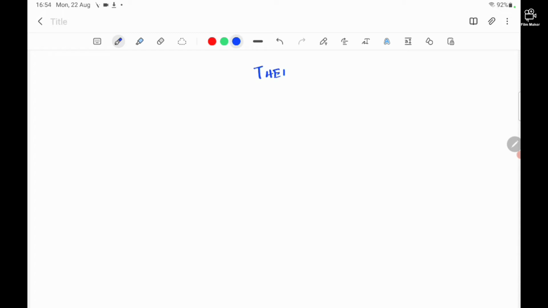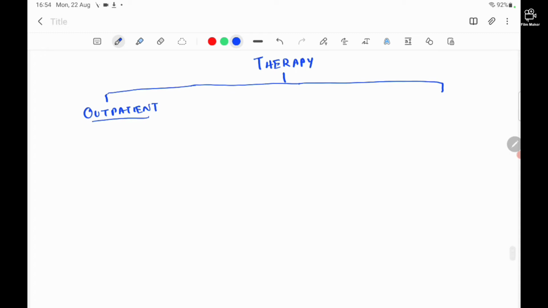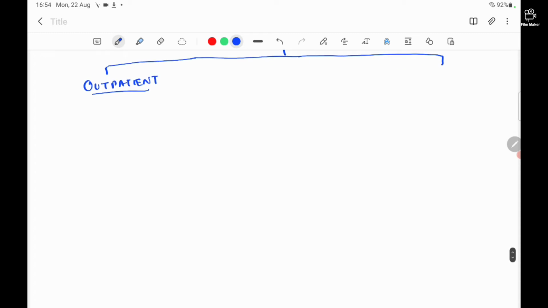Therapy is done basically on an outpatient and inpatient basis. First let's discuss the outpatient therapy. There will be 48 hours monitoring. Monitor the patient for 48 hours.